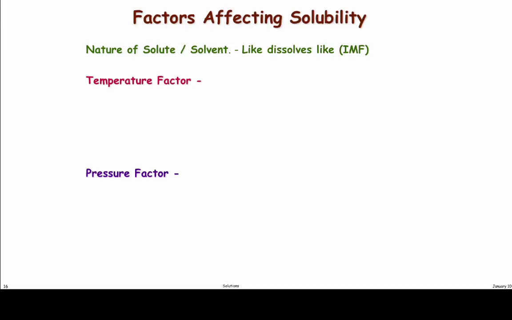So what are the factors that affect whether a substance will dissolve or not? Well, we've already looked at the characteristics of the solute and the solvent themselves, whether it's ionic or covalent. But another way to enhance solubility is by temperature.